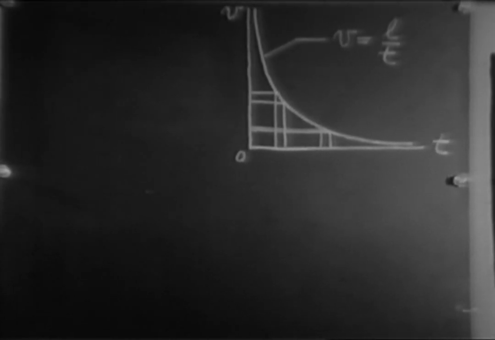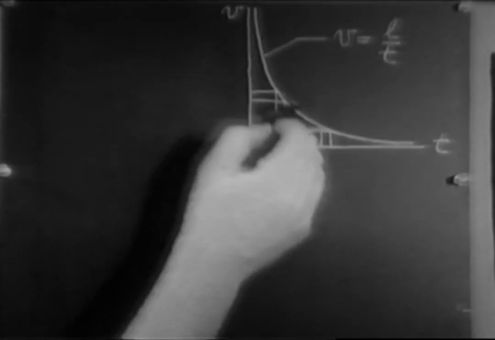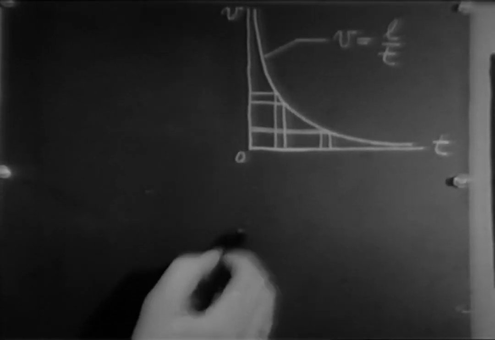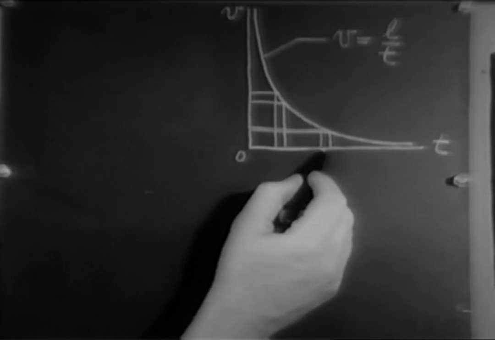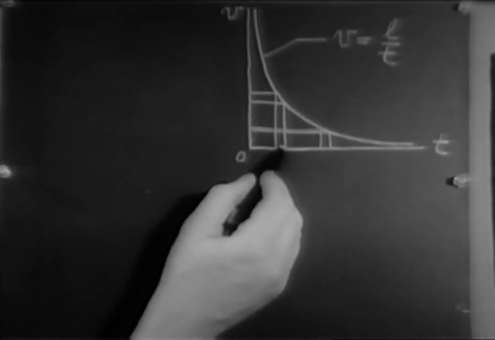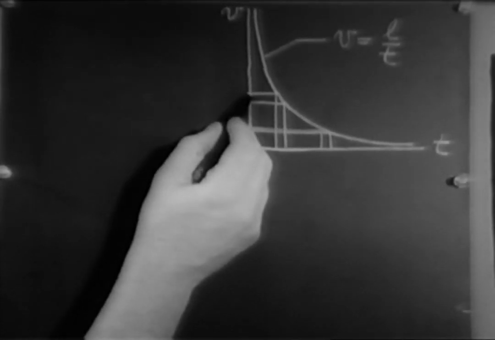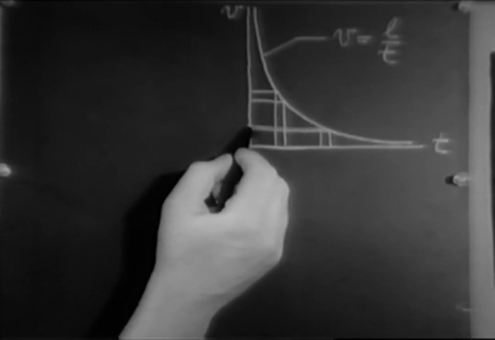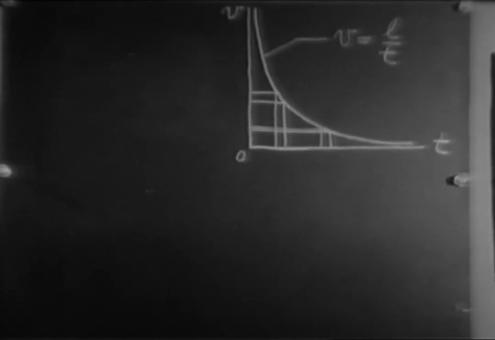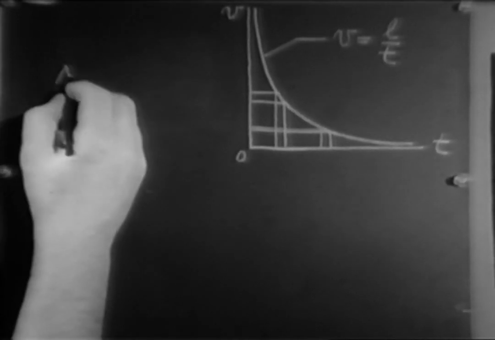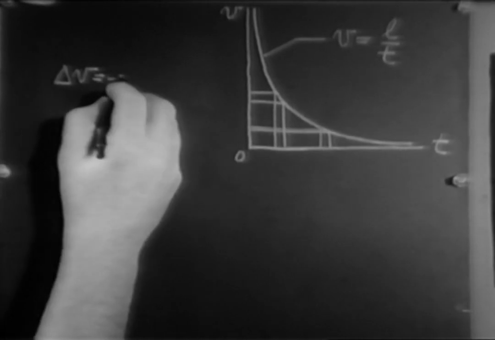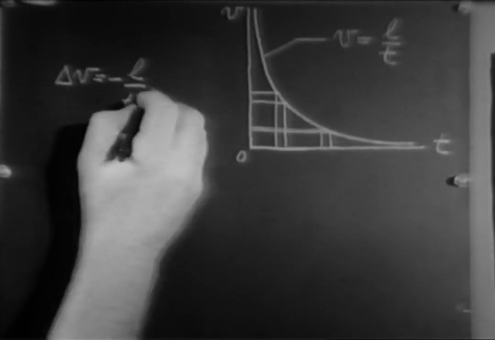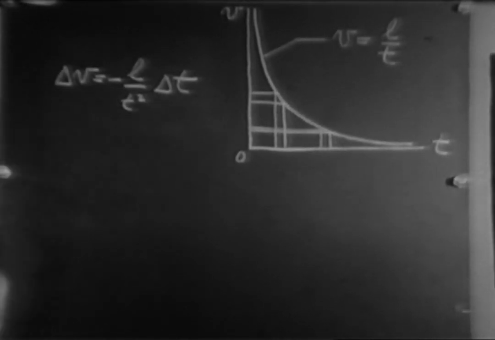If I plot velocity against time, I get a hyperbola like this. And if I have constant time intervals, delta t, then for a short time I'll get velocity intervals of moderate size. As the time gets longer, the velocity intervals get smaller. I can express this way: delta v equals minus L over t squared, delta t.